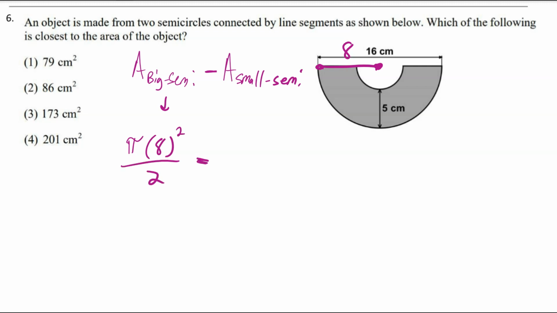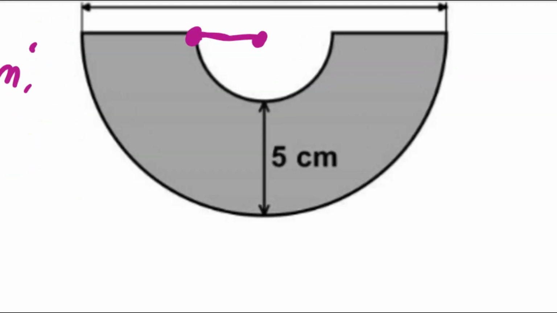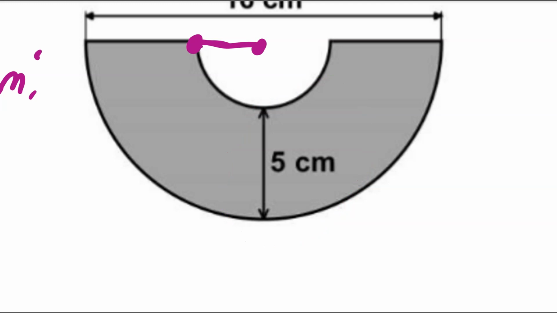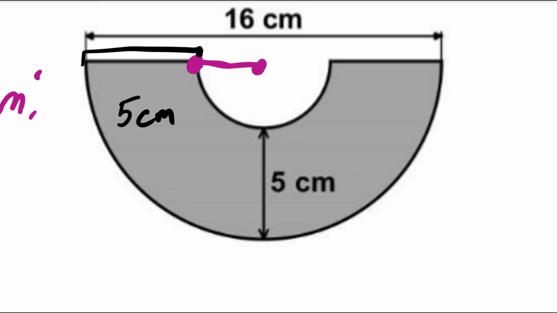And for the small semicircle, it'd be helpful to know the distance between the center there and the edge there, whatever that distance is. In order to figure that out, we've got to use this 5 centimeters right here. This distance here is just 5 centimeters. That's how long it is from the edge until where the inner starts.